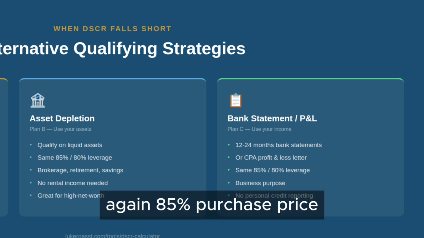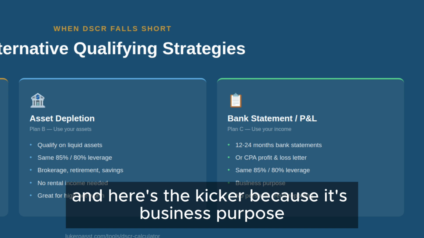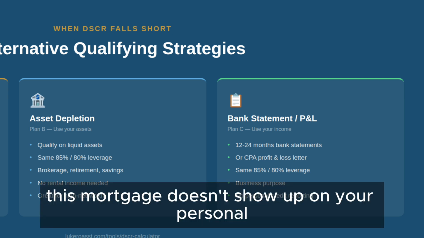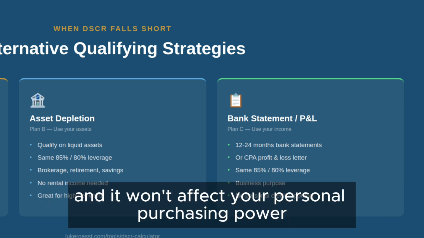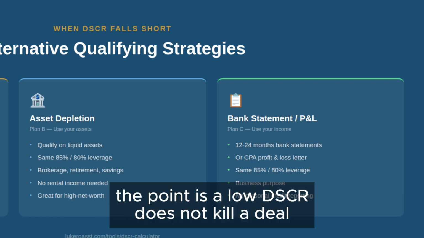Again, 85% purchase price, 80% cash out refi, all business purpose still. And here's the kicker: because it's business purpose, this mortgage doesn't show up on your personal credit report, and it won't affect your personal purchasing power for other things. The point is, a low DSCR does not kill a deal.